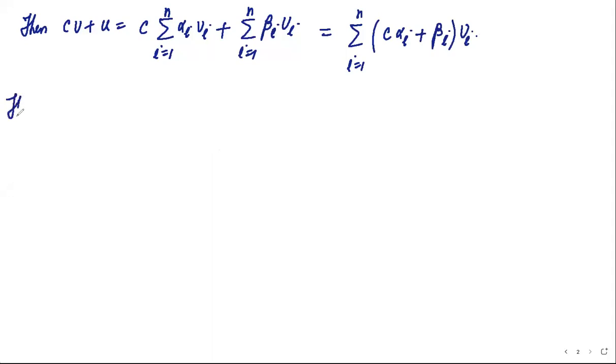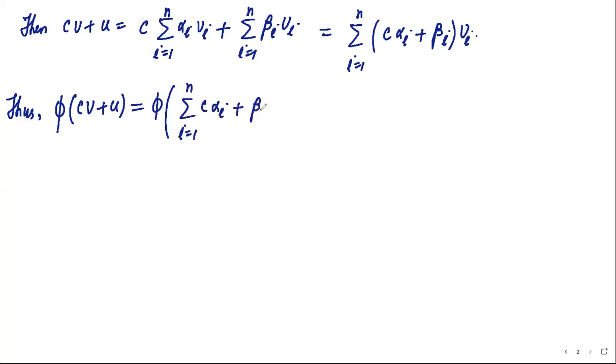So thus pi of CV plus U is equal to summation i from 1 to n (C alpha i plus beta i) Vi.